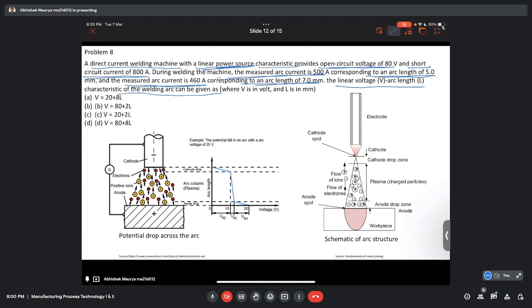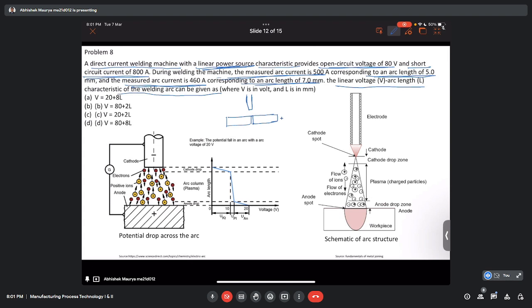So first, I will quickly talk about the arc welding process. In arc welding, basically we have two materials which we want to join. We bring them together, and we have an electrode, and we apply some voltage.